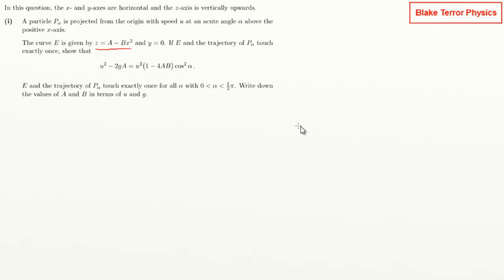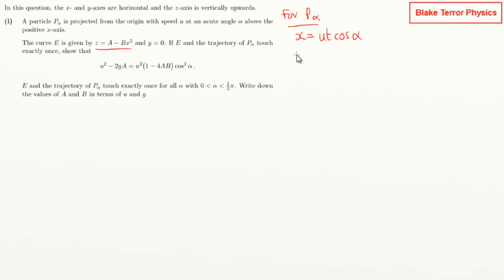Then for the particle that's being projected from the origin with speed u at acute angle alpha, let's go for P alpha. We just do our general projectile equations of motion. So x is going to be u times t times cos alpha.